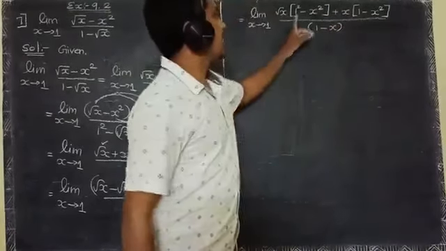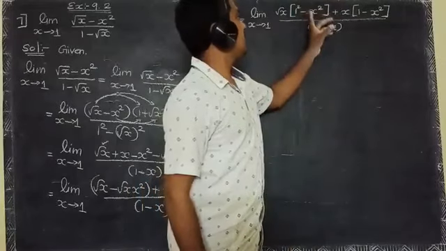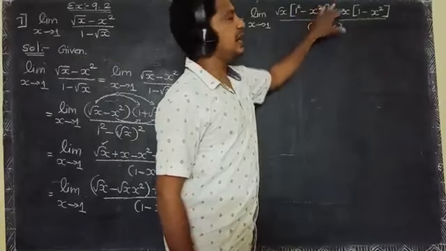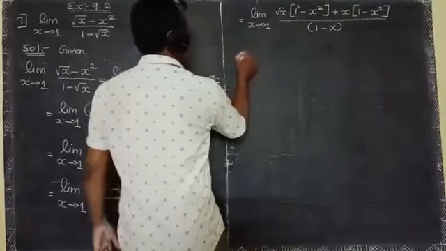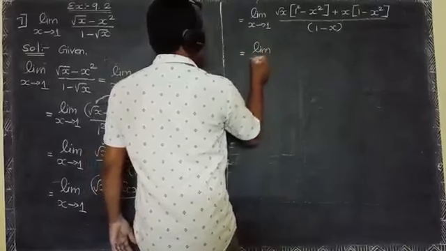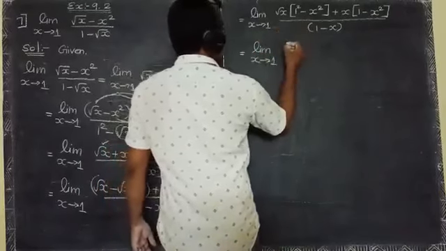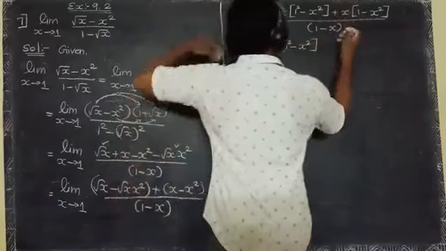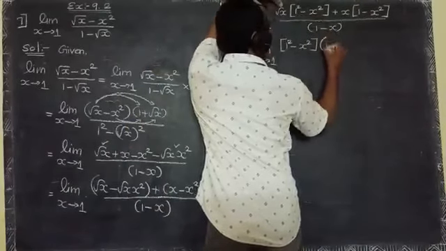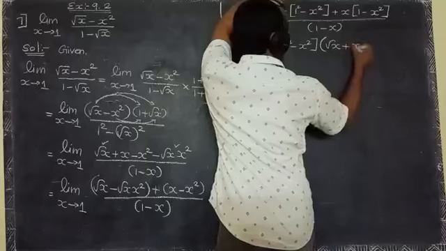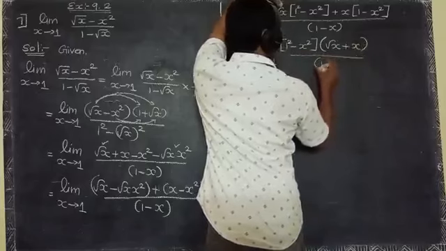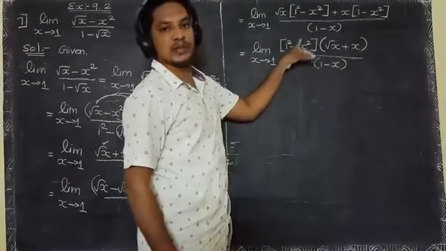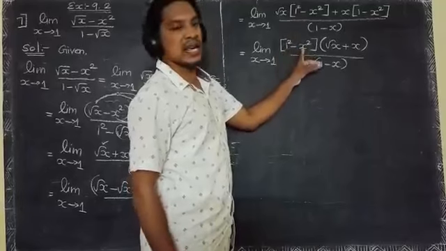In the numerator we have the common factor 1 square minus x square. Take it outside in both terms, that is limit x approaches 1, 1 square minus x square times (root x plus x) divided by 1 minus x. Here 1 square minus x square is like a square minus b square, which can be written as a plus b into a minus b.